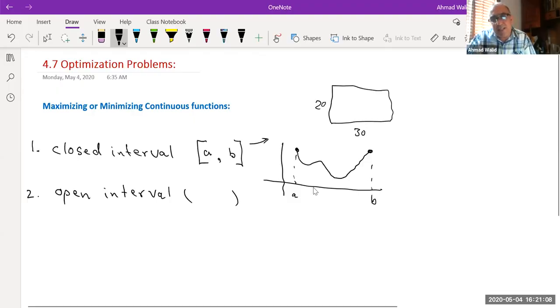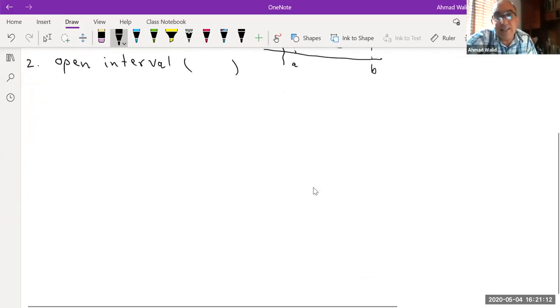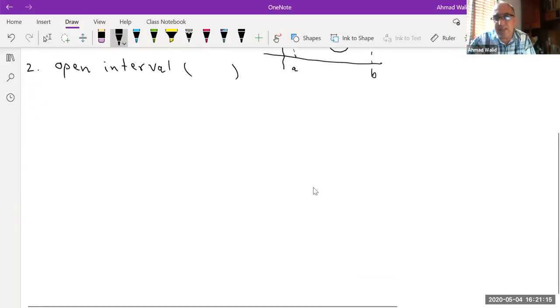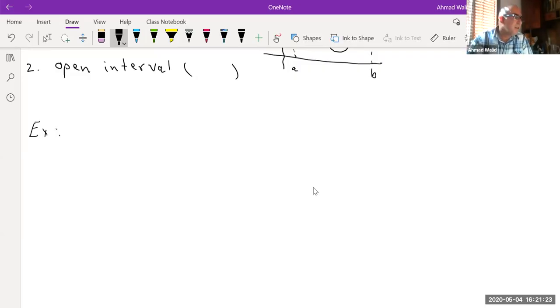Explaining these problems this way is not working for you. I will start with examples, with very easy examples, and I'll explain to you what minimization or maximization of a function means. For example, let's consider this example.